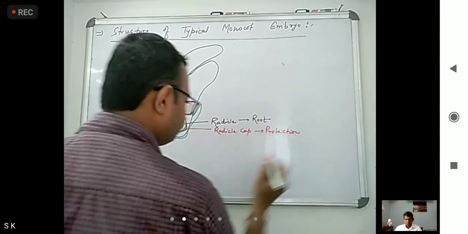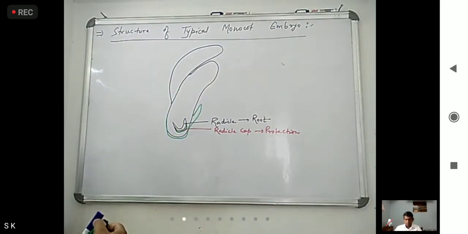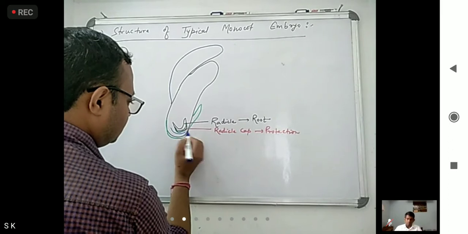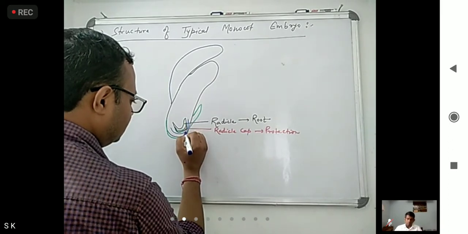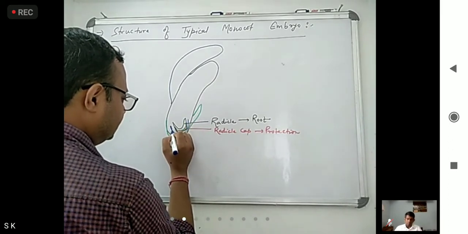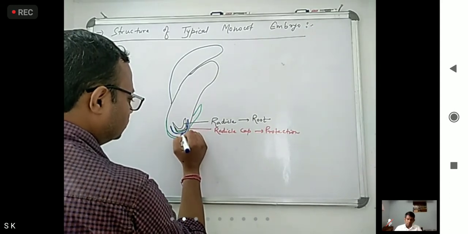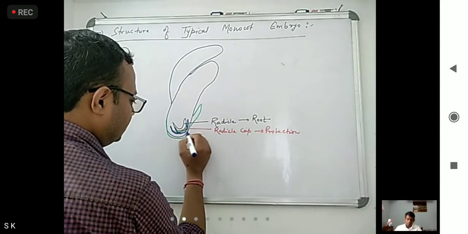Protection. This radicle is covered with one layer, and this layer is known as coleorhiza.